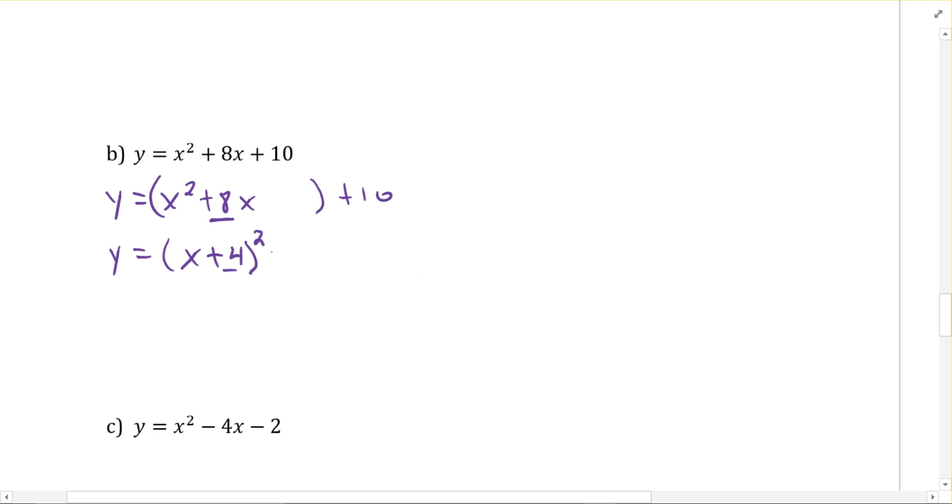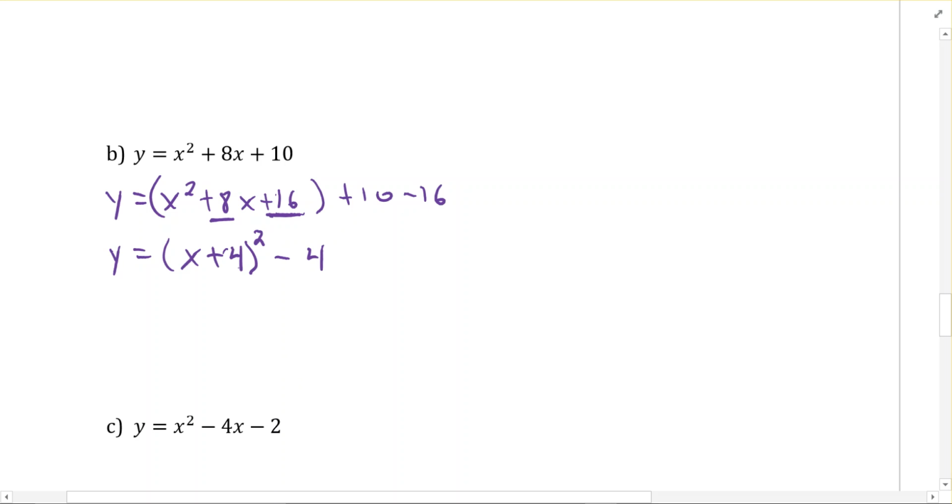That's going to be squared. And then I've got to figure out what goes in there. Well, that's going to be 4 squared goes in there. So that's going to be 16 and positive 16. But I can't just go around adding 16s all over the place. I need to subtract the 16 to keep it the same equation. Okay, so now the last thing we've got to do is go 10 minus 16. This is minus 6.